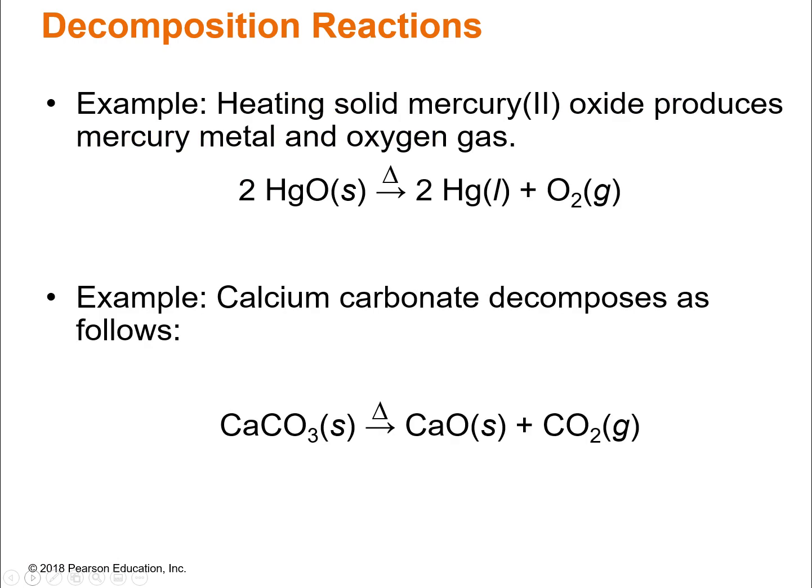Here are a couple of examples. You heat mercury 2 oxide and it produces mercury metal and oxygen gas. One complex reactant, heat, 2 simpler products.